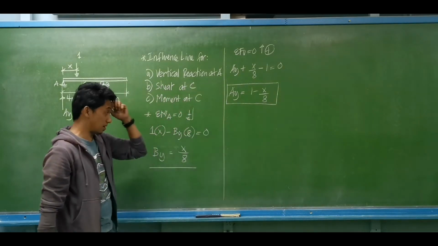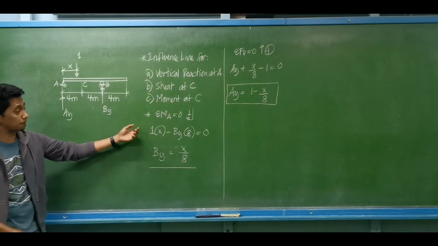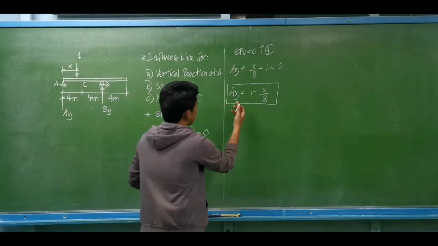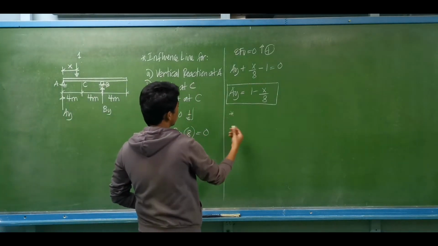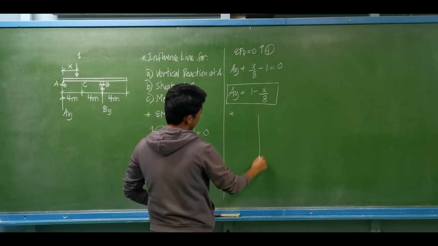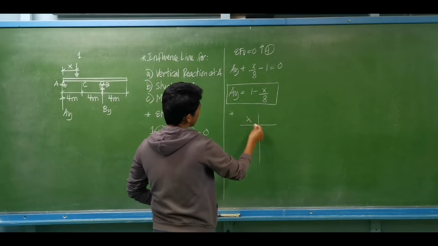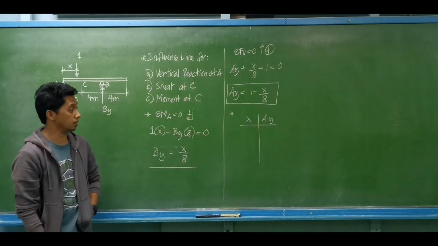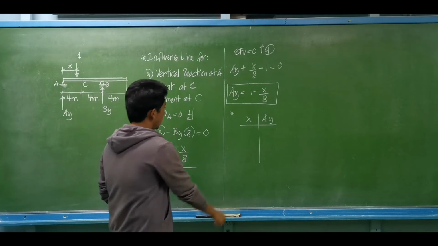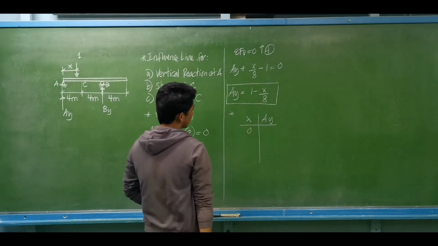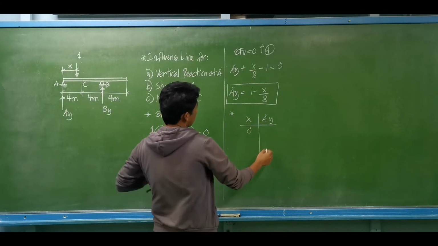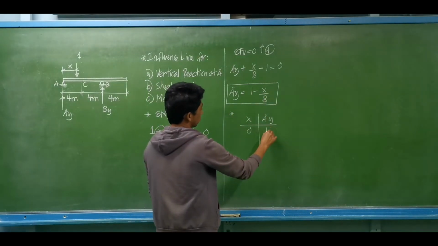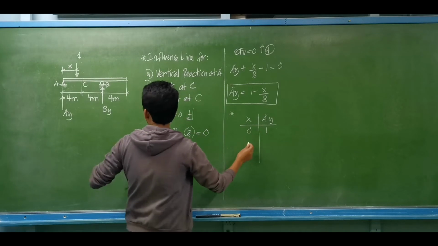To have a more systematic procedure, let's tabulate. Now that we have the equation, we are to prepare the table. For any value of x, what will be the value of the vertical reaction at A, that is Ay? At x equal to 0, we have 1 minus 0 over 8, which is 1.